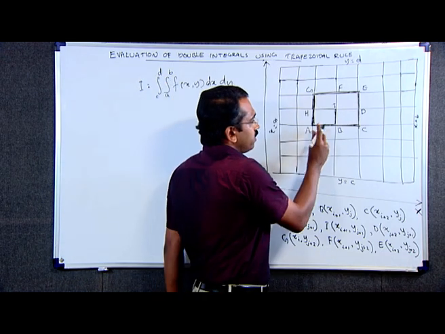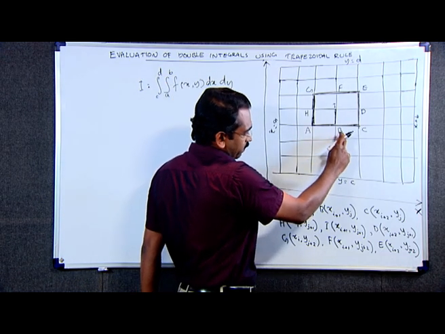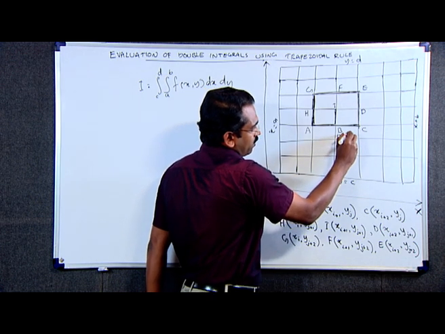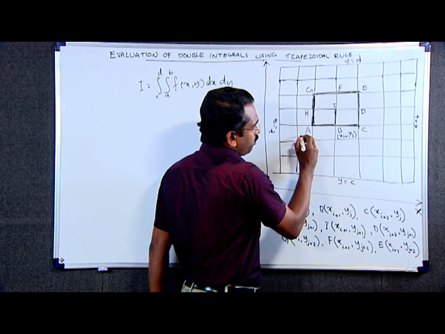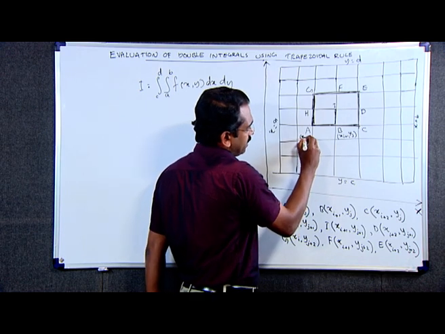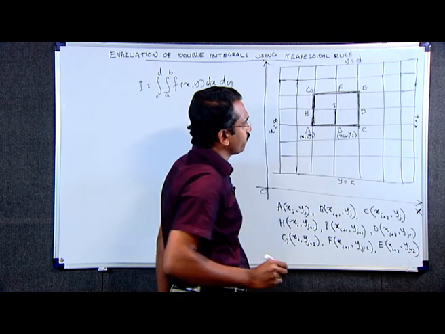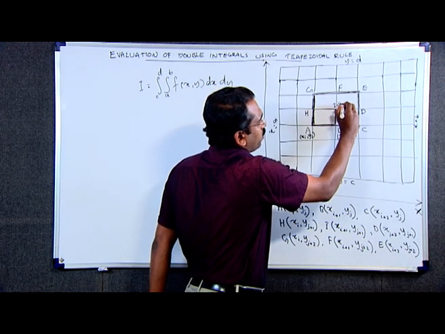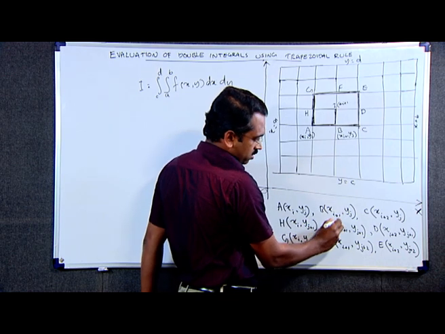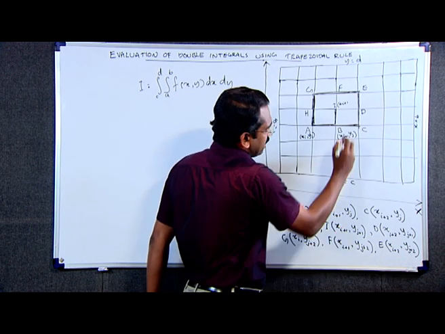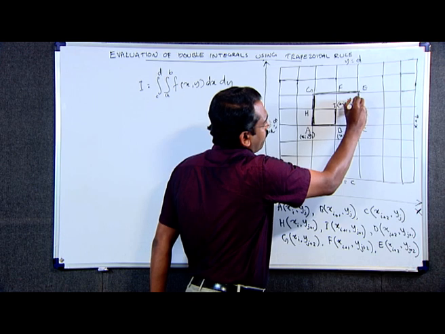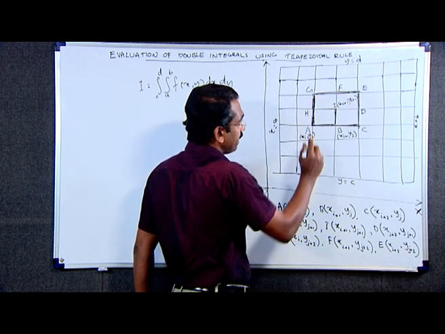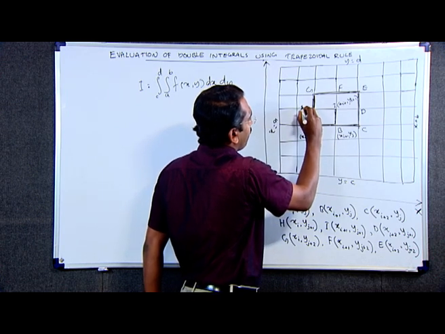Here, this point is (xi+1, yj), this is the point (xi, yj), I is (xi+1, yj+1), and H is the point (xi, yj+1).